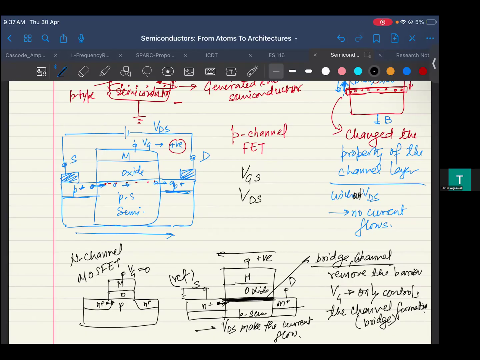And then the output variable which I'm having is IDS. So obviously you can have two characteristics: IDS versus VGS and IDS versus VDS, right? This is the control characteristics or your input characteristics, and this is your output characteristics.